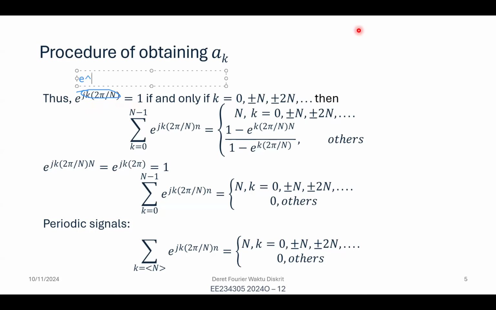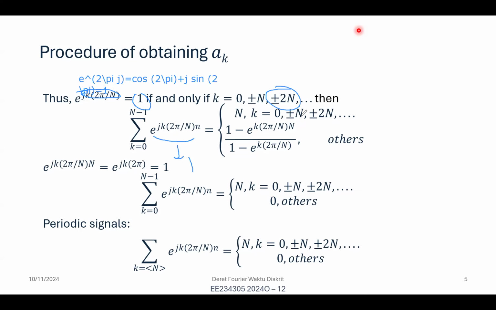Let's say k is N, then we have e to the power of 2 pi j, and this will be cos 2 pi plus j sine of 2 pi, which is 1, right? Similarly, if we have the signal with k equals 2N and so on, this would be 1. And if we have 1 here, the sum of all of this would be N.